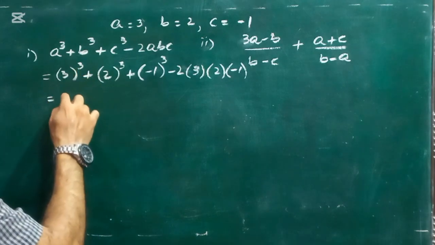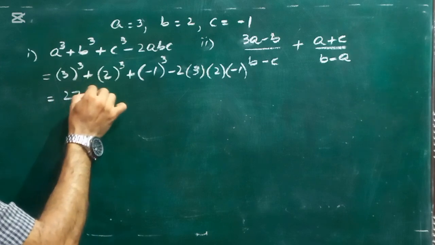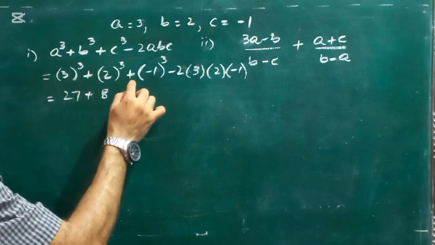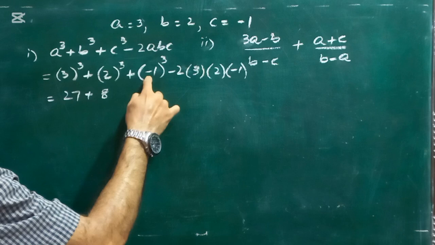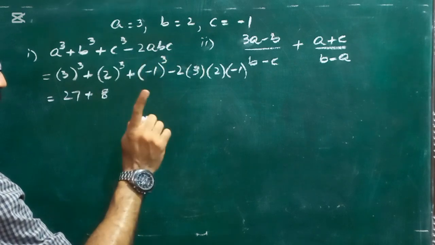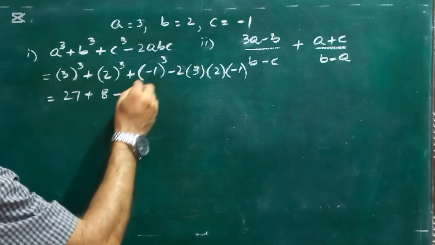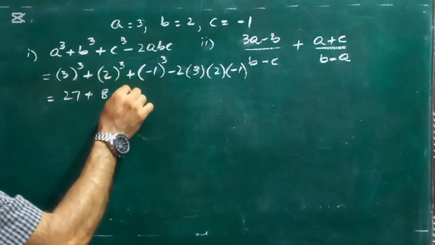So 3 cube is 3 3s are 9, 9 3s are 27, plus 2 cube is 8. Because minus 1 is having a power that is an odd number, the minus will not be absorbed, it will come out. So minus, plus minus, and 1's cube is 1.